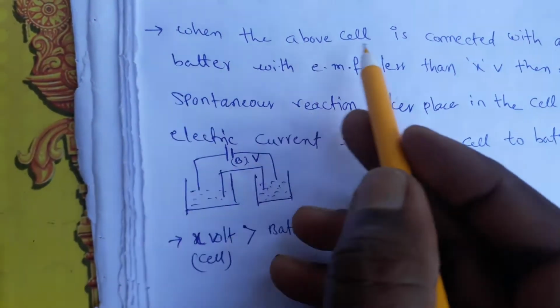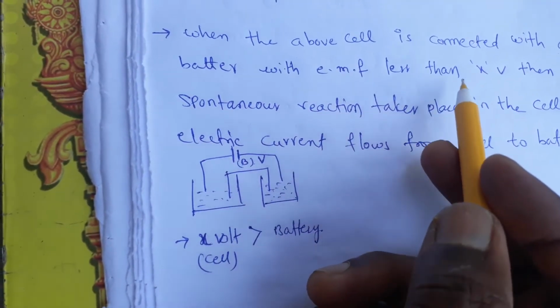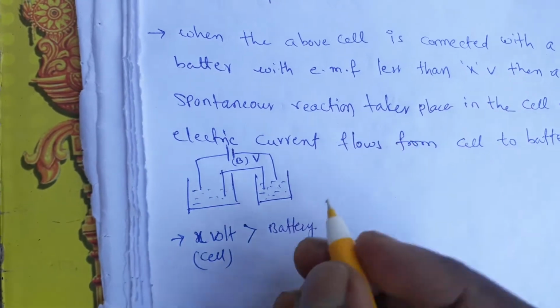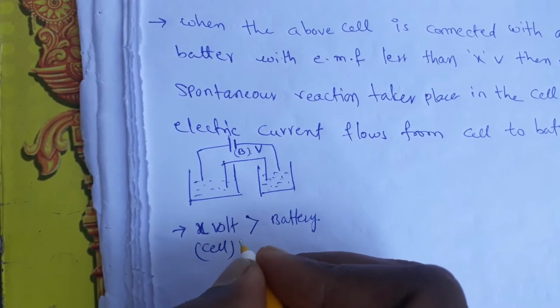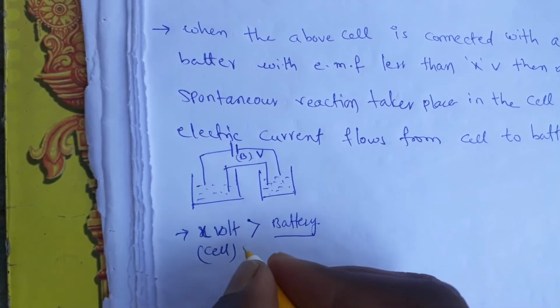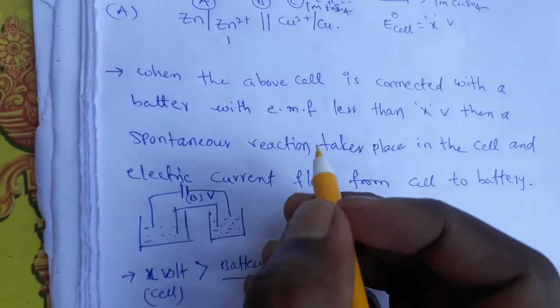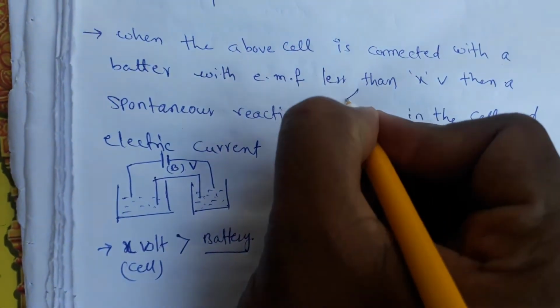Here the cell is connected with a battery with an electromotive force less than x volt. That means the battery's potential is lower, so a less than symbol comes here.